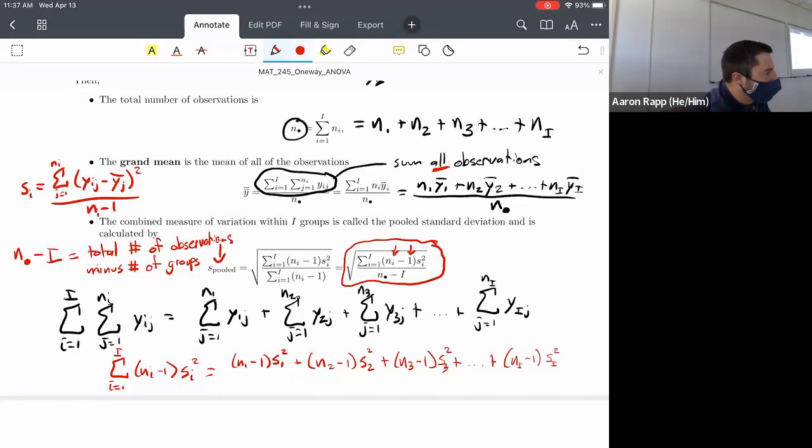Really what you're doing is eliminating that division of n-1 from each of those terms in the formula. And then you're dividing by a new number, which is the total number of observations you have minus the total number of groups. The total minus the total number of groups is because for each group that you add, you lose a degree of freedom. That's where it's coming from.